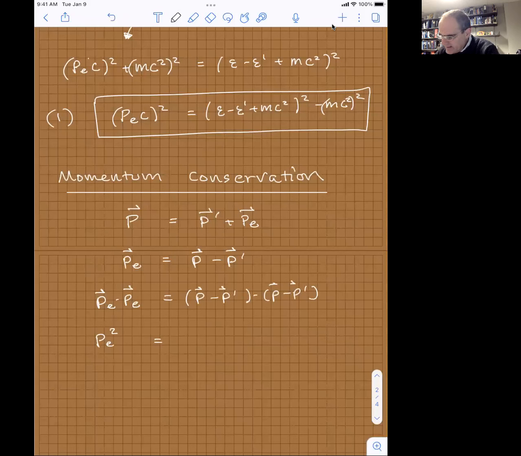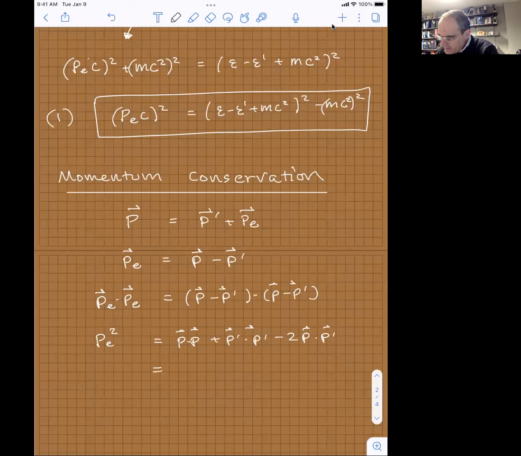And then on the right-hand side, we have P dot P plus P prime dot P prime minus 2 P dot P prime. Okay?